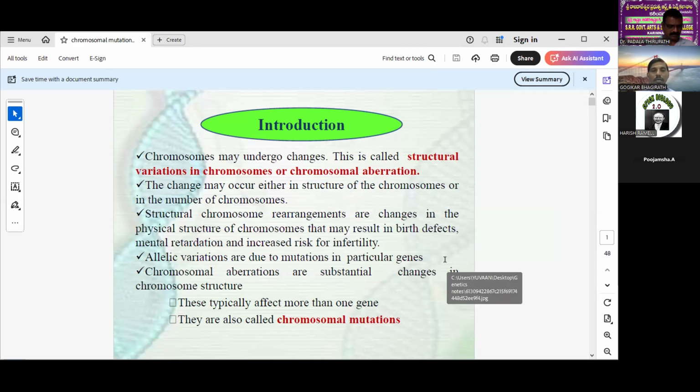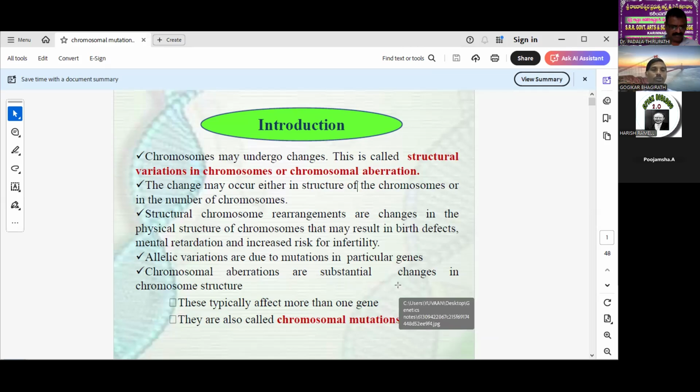That means before and after cell division, we can observe the physical structure of the chromosome. It leads to alteration in the sequence or order of the genes, or sometimes one chromosome loses its genes and another chromosome receives more genes. So allelic variation can be easily observed due to these mutations in particular genes. Chromosomal aberrations are substantial changes in chromosome structure.